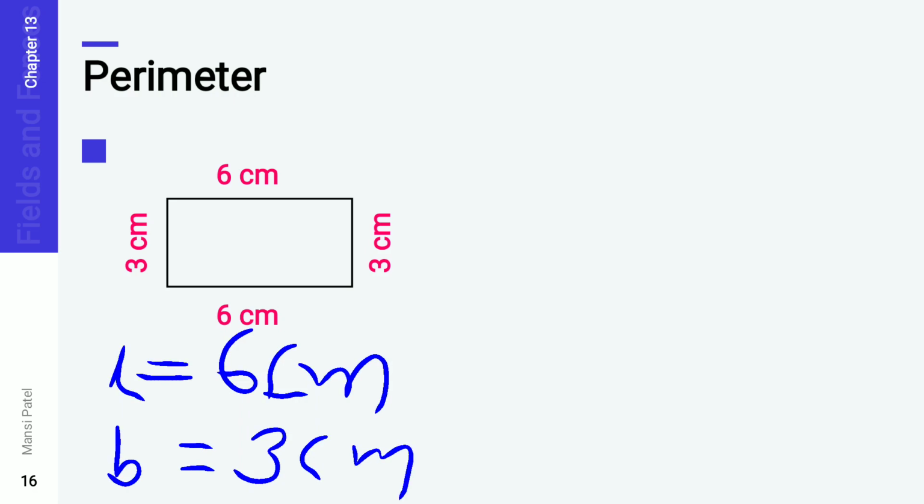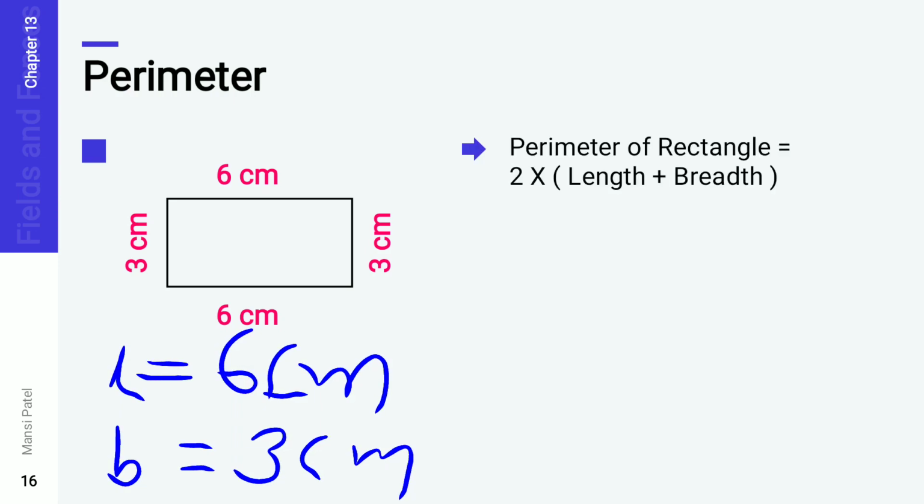If you write down like this, then it is quite easy for you. Okay. Now what is the formula to find out the perimeter of rectangle? That is 2 multiplied by, in the bracket, length plus breadth. This is the formula to find out the perimeter of rectangle.